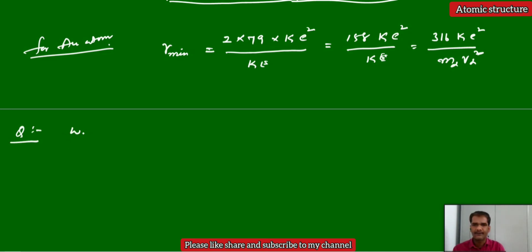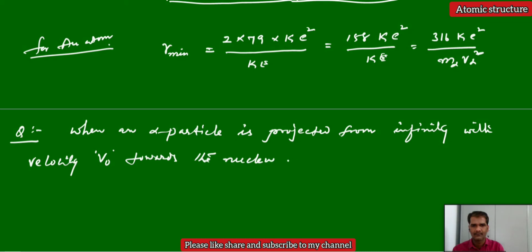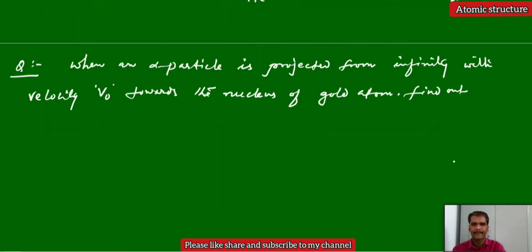When an alpha particle is projected from infinity with velocity v naught towards the nucleus of a gold atom, find these values.